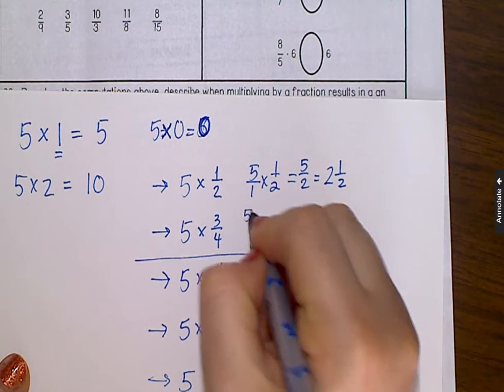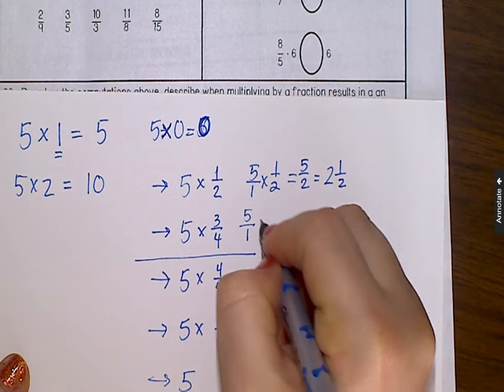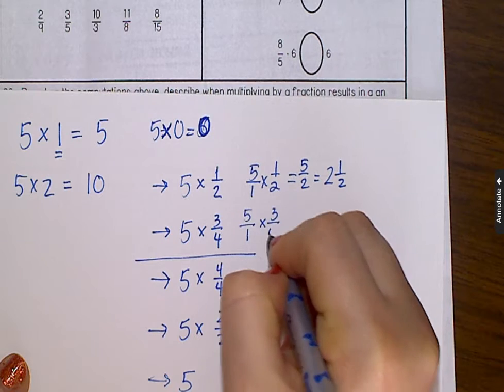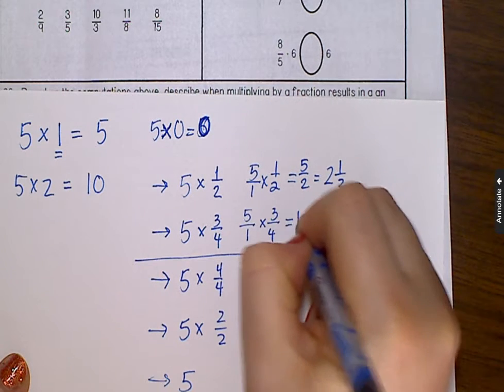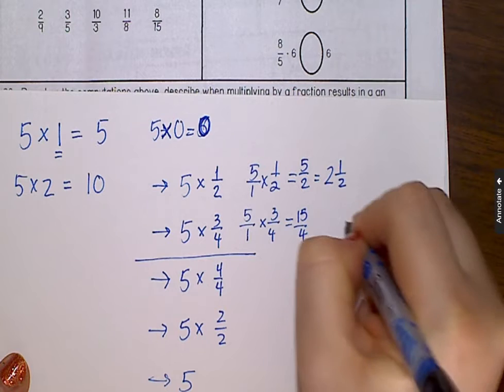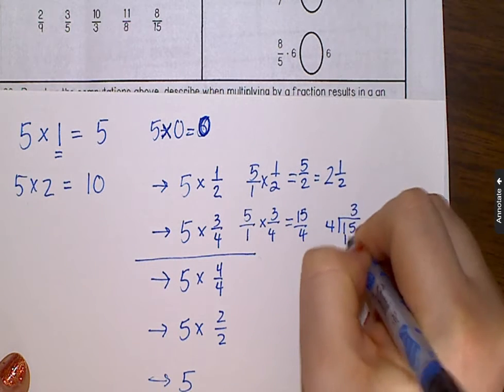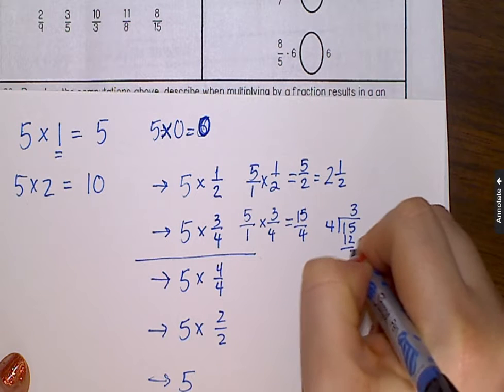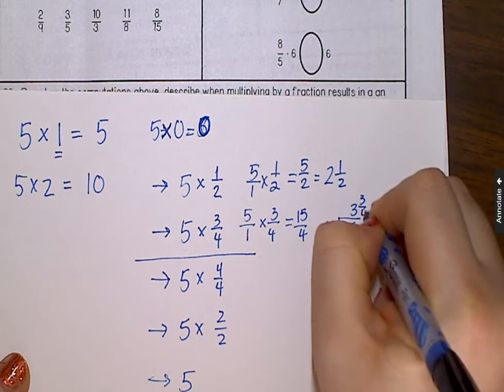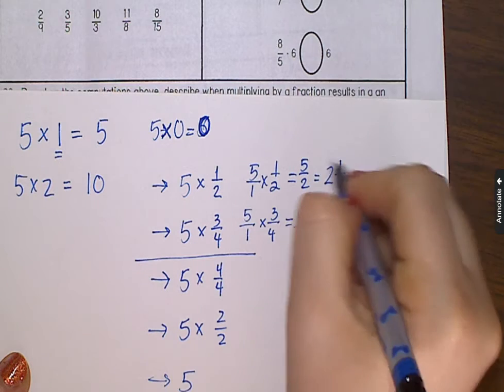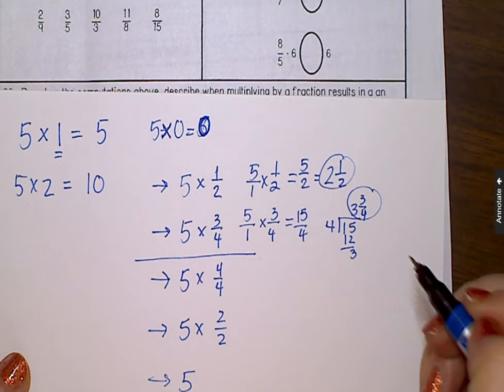On the next one, I have to put my whole number over 1, and I multiply straight across and get 15/4. If I'm not sure how to convert it, this is the best way. 4 goes into 15 three times, with a remainder of 3, so my answer is 3 3/4 for my product.